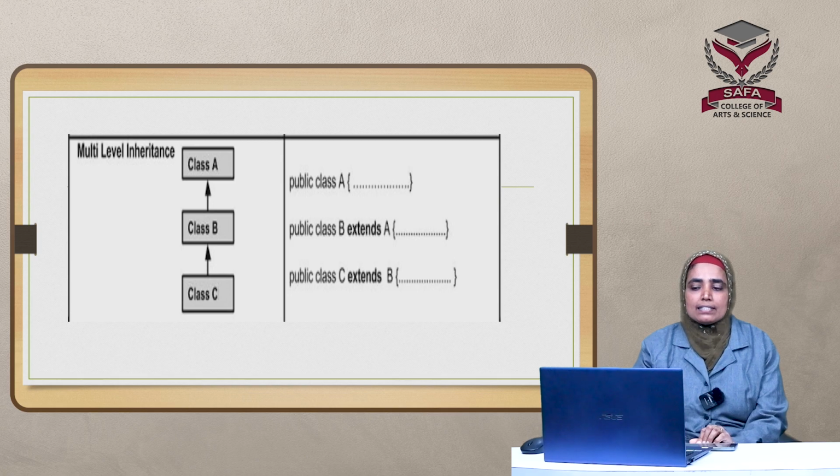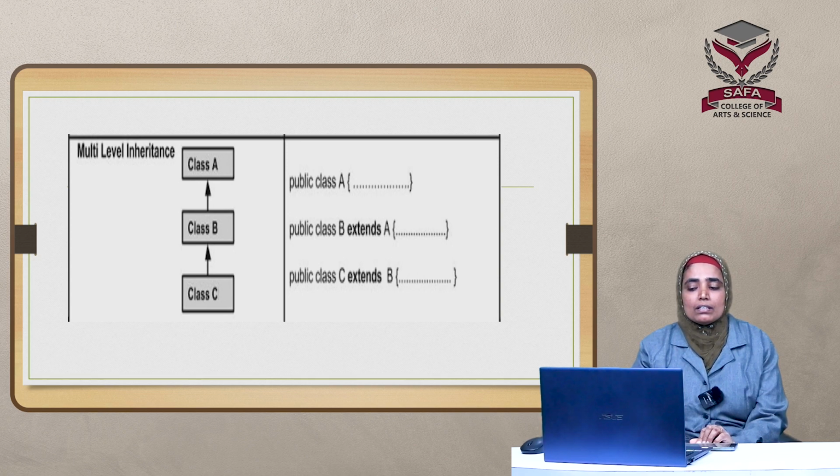The syntax is public class A, opening bracket, declaring variables and methods goes here, then close the bracket. After declaring the base class, we can create the derived class. The syntax is public class B extends A, opening bracket, declaring variables and methods goes here, then close the bracket.